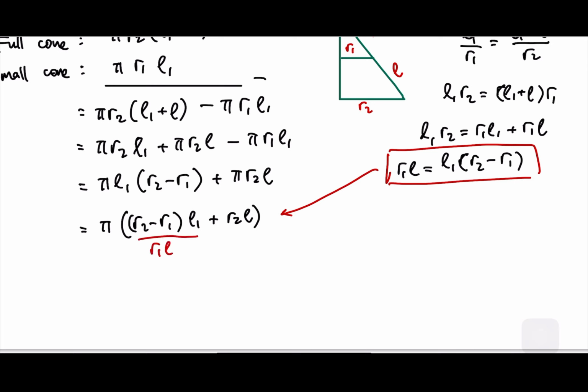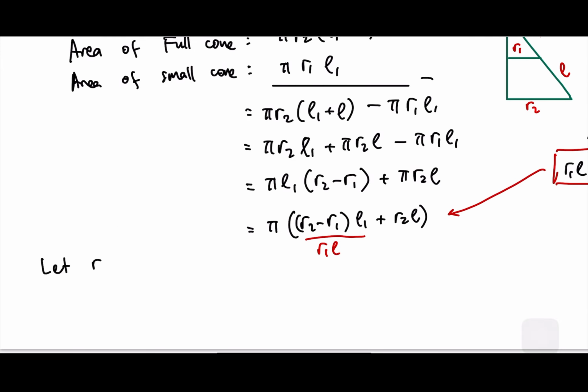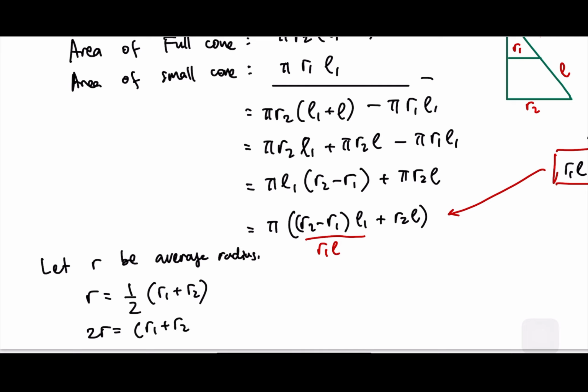Now let R be the average radius, which is half of R1 plus R2. Now 2R is equal to R1 plus R2.